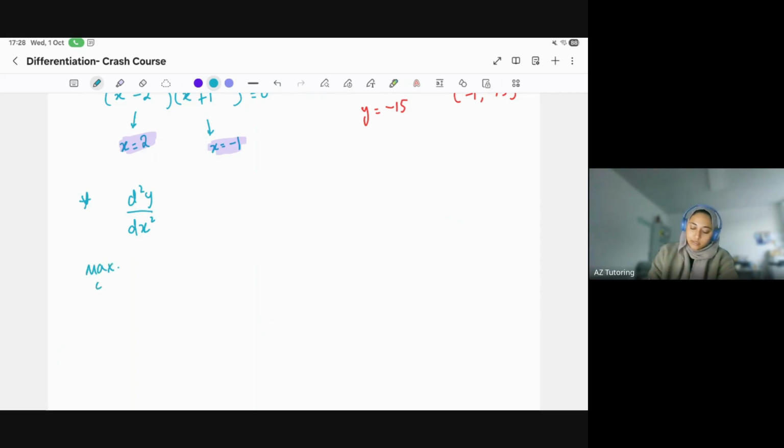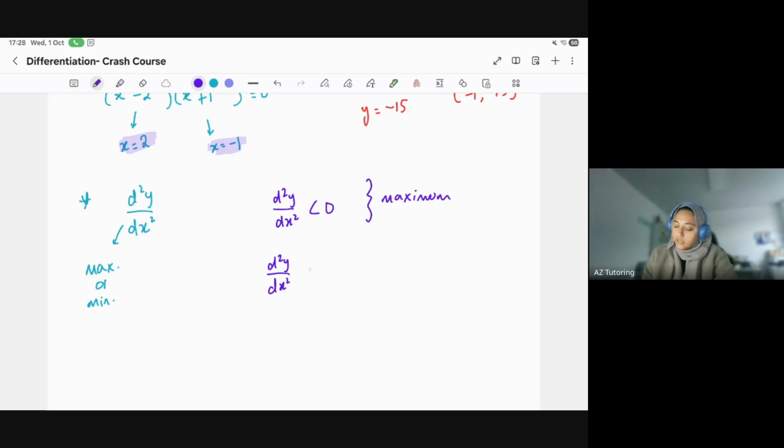So the rule is, if the second differential is less than 0, so when you plug it in you get less than 0, that means it's a maximum point. If your second differential, when you plug in your x value of the stationary point, is more than 0, then that means it's a minimum point.